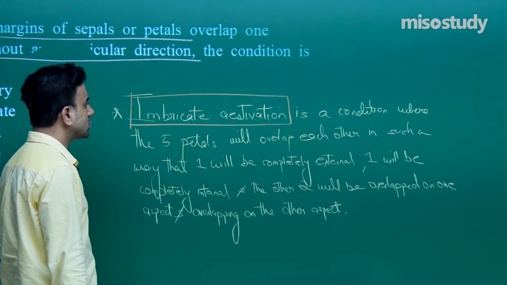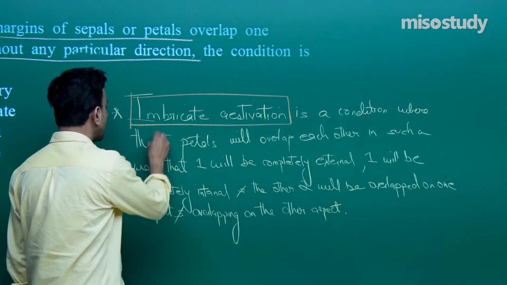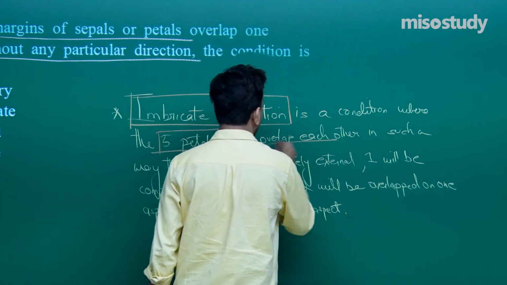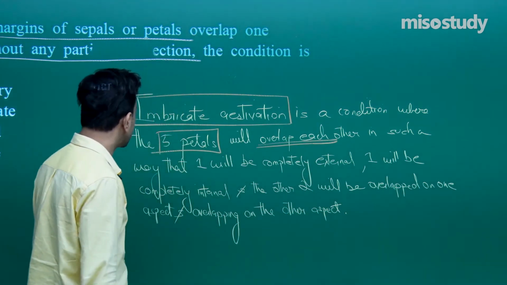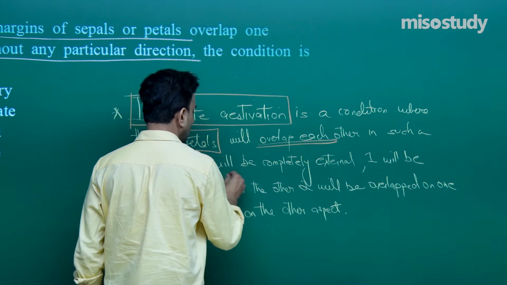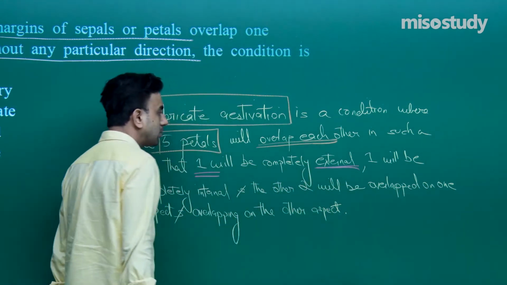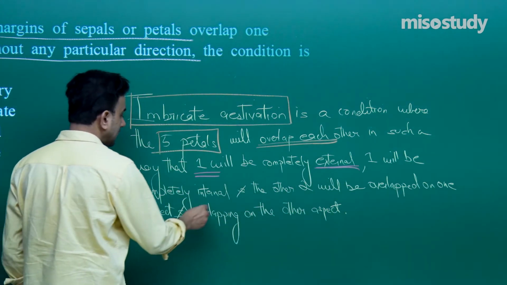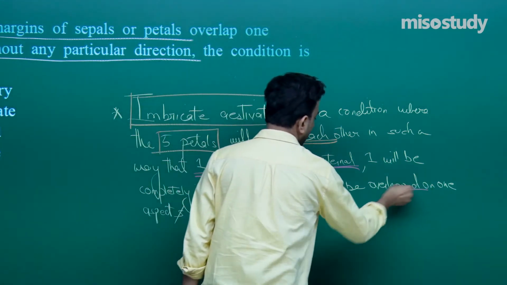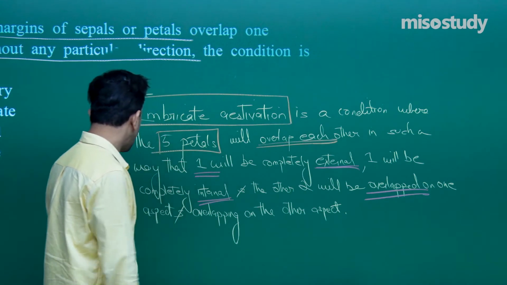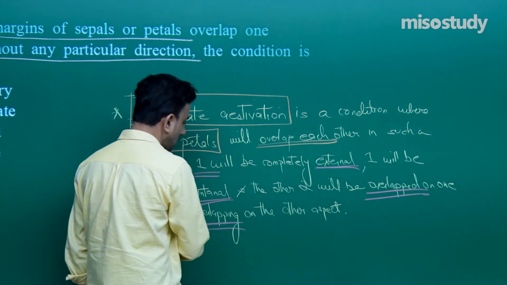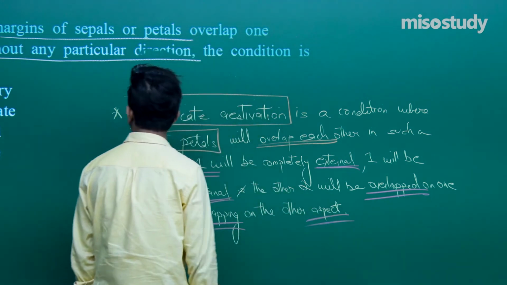So imbricate aestivation is a condition where the 5 petals overlap each other in such a way that one will be completely external, one will be completely internal, and the other two will be overlapped on one aspect and overlapping on the other aspect.